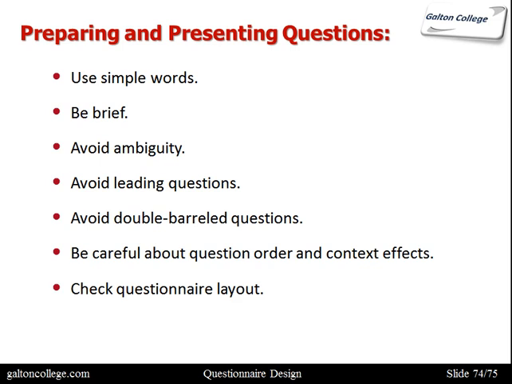If the answer to question 4 is yes, then go to question 7. So the questions in between are irrelevant. So make sure the jumps are logical as well. And make sure that the field workers have clear instructions, as do the people doing the analysis.